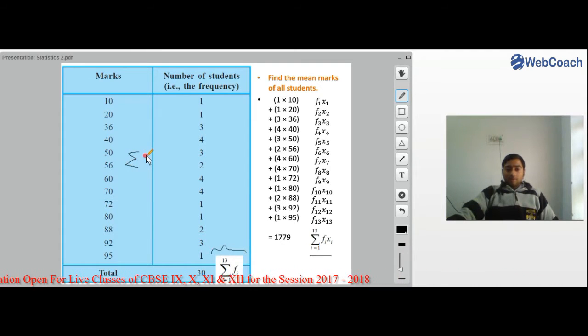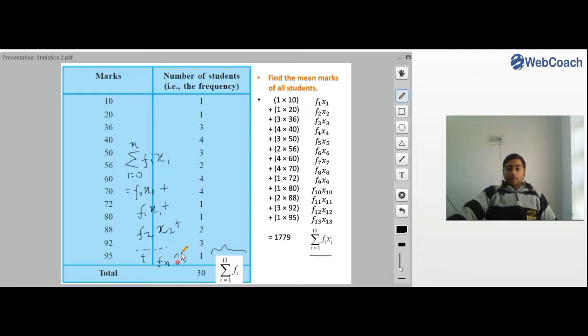Whenever we are given a symbol summation and something here, fi xi, where i is a variable, i equals 0 to some value, suppose n, this statement means we have to add up all the terms starting from 0, meaning f0 x0 plus f1 x1 plus f2 x2 and so on up till fn xn, right?